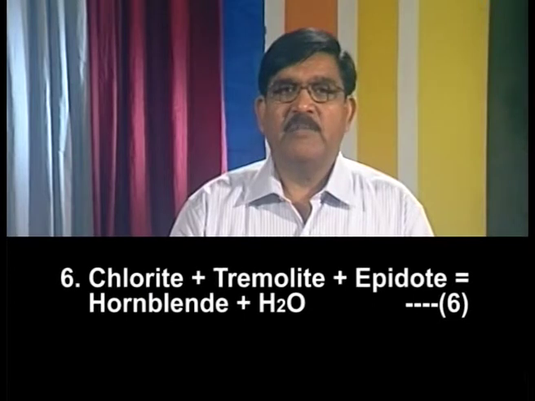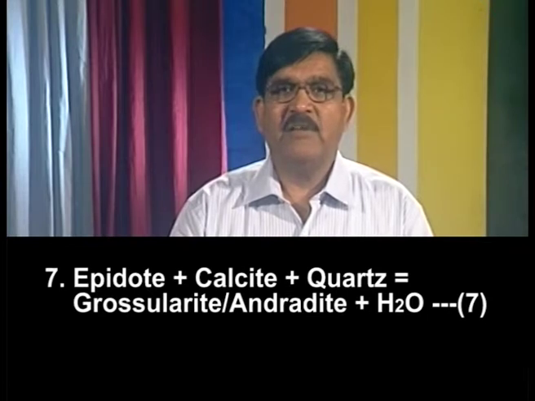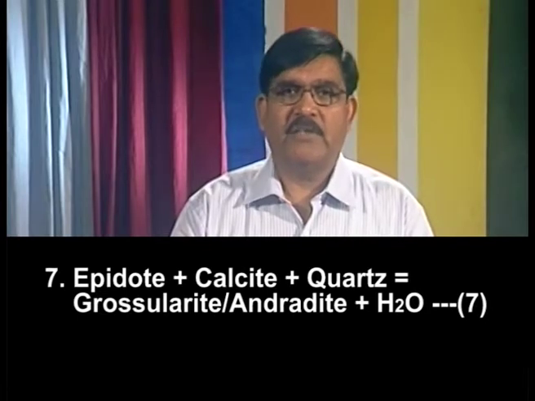Next reaction is chlorite plus tremolite plus epidote gives rise to hornblende plus water. Reaction 7 is epidote plus calcite plus quartz gives rise to grossular plus andradite plus water.